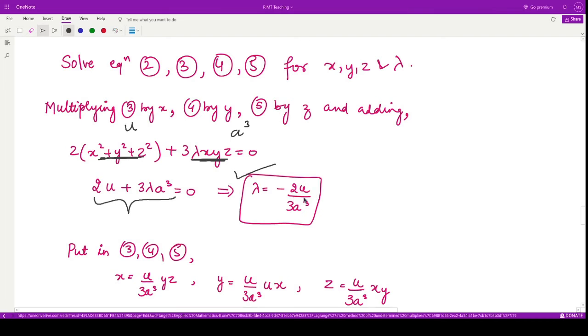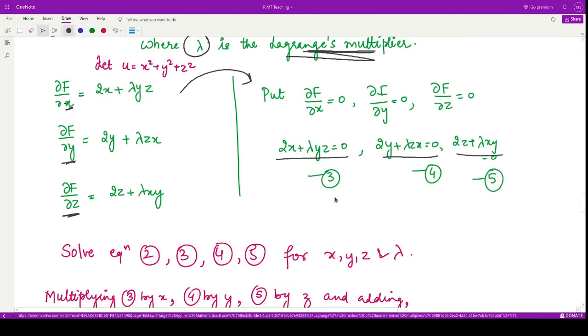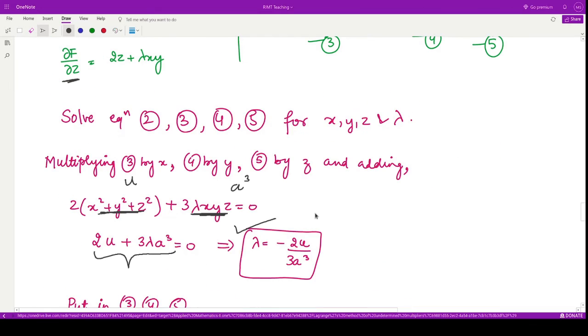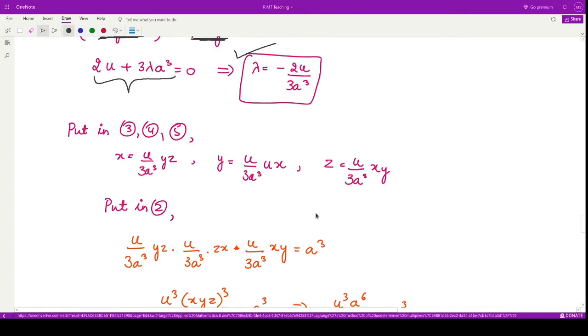Now you can substitute this value of lambda in equations number 3, 4 and 5. Once you do that, you have x is equal to u by 3a cube times yz, y is equal to u by 3a cube times zx, and z is equal to u by 3a cube times xy.